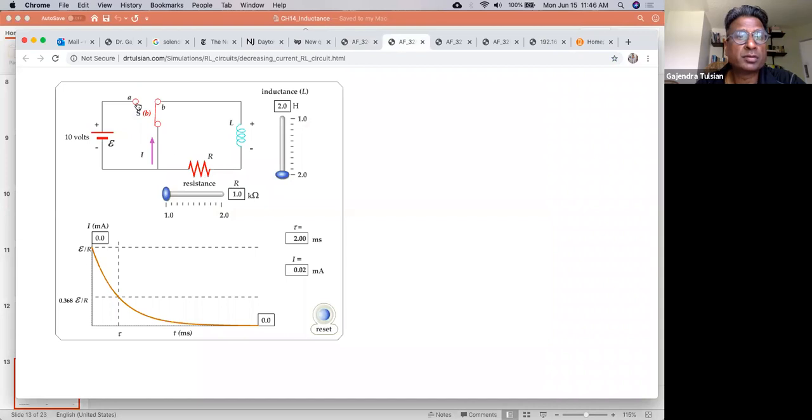So what we're going to do is remove this battery and just have the energy stored in the inductor driving this current. And we found the functional form for this current. The current was exponentially decaying. And that was the idea. And again, let me emphasize, for typical values, these changes are happening over milliseconds.